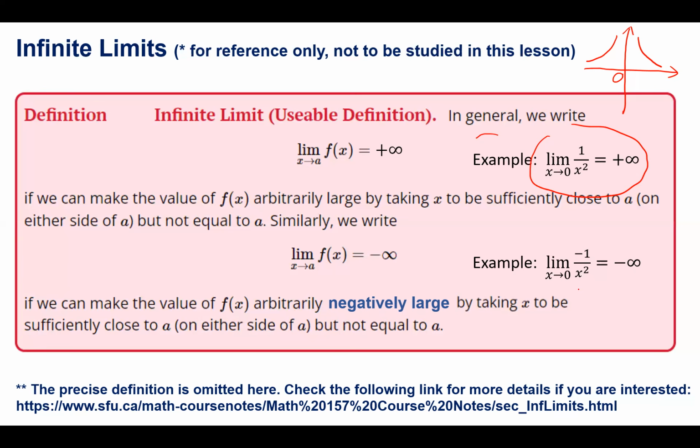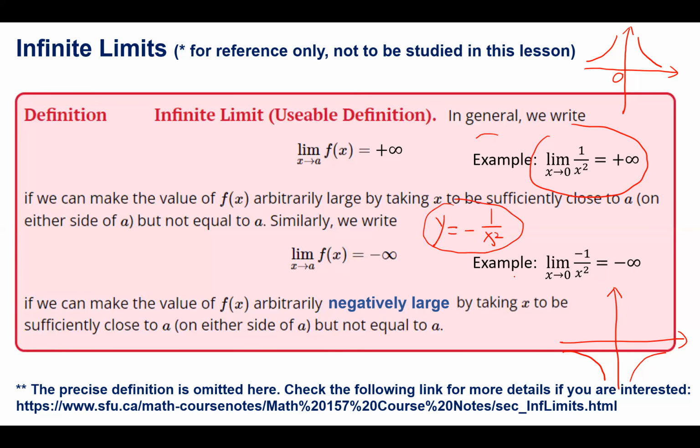So for example, if we consider the function y equals -1 over x squared, the graph of this function will look like this, right? This is a graph of y equals -1 over x squared.